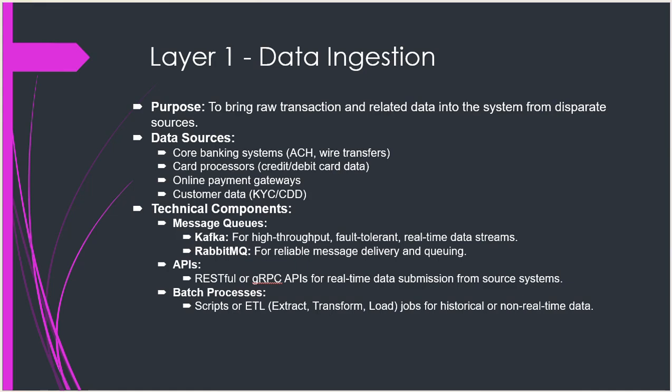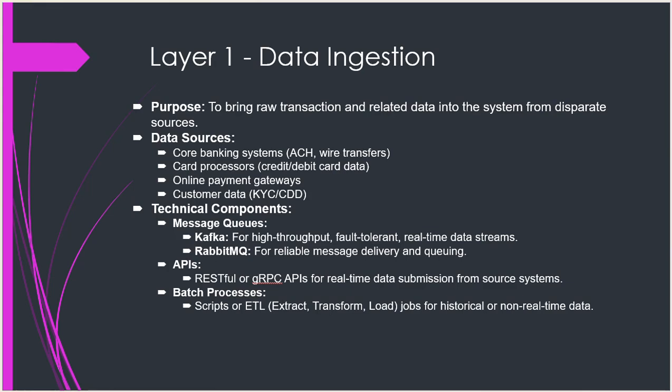So that data they will collect. Then the card processors, like credit and debit card data. They collect these card-level transaction data from different systems and feed that data to the transaction monitoring system. And the online payment gateway, where transactions happen through UPI or net banking, internet banking.